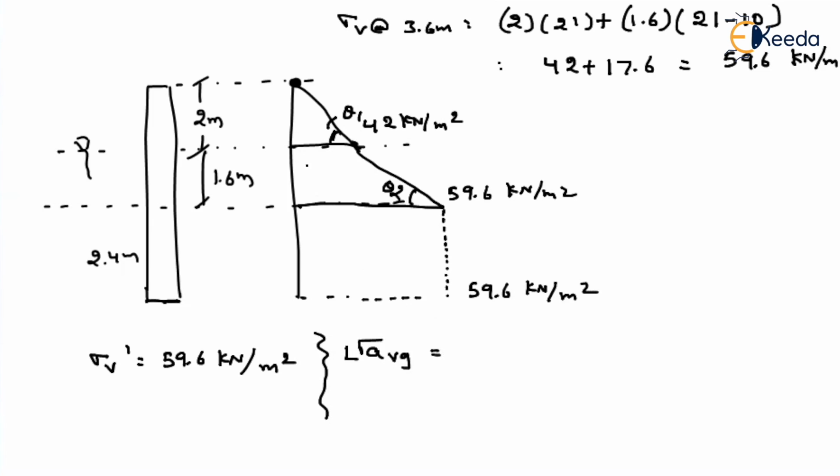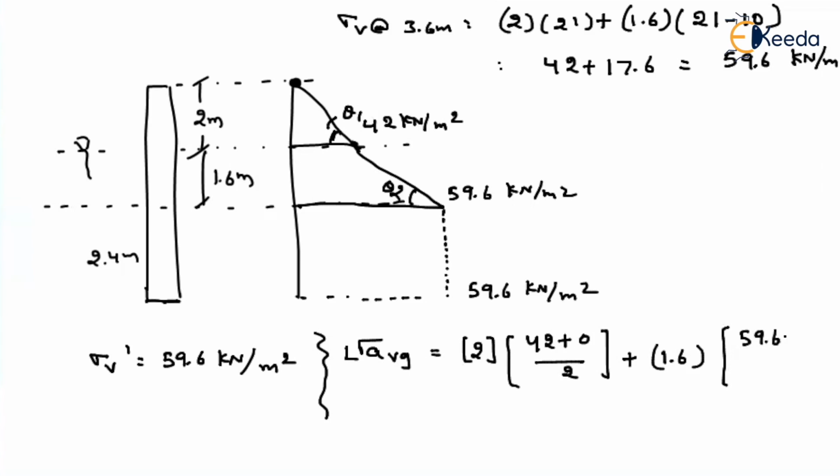That will be divided into 3 parts, and then we find the values up to 2 meters. What will be the average value? Then 2 into the average stress. We can write it as 42 plus 0 by 2, as it is varying linearly, plus the remaining 1.6 meter. What is the average value? The length is 1.6 into the average, which is 59.6 plus 42 by 2, and the remaining term, how much will it be? 2.4 meter.